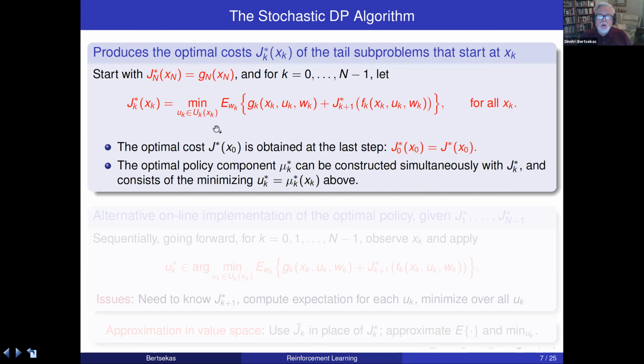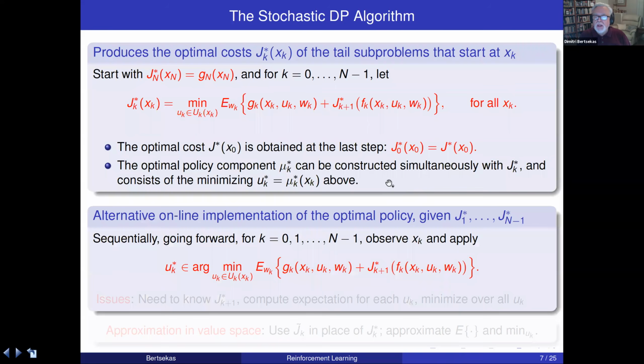Moreover, as I go backwards in this calculation, do all these minimizations for all possible states, we obtain a minimizing control. We can piece together these minimizing controls to obtain an optimal policy. So this calculation is very difficult, very long, very intensive. It has to be done for all states and simultaneously give us the optimal cost functions of the tail subproblems and the corresponding optimal policy.